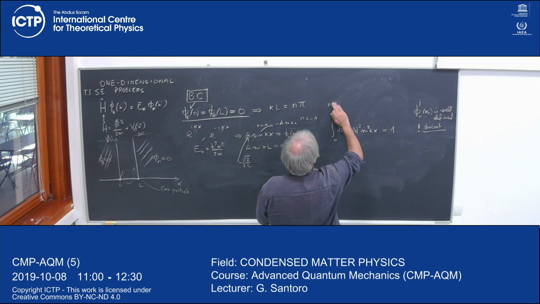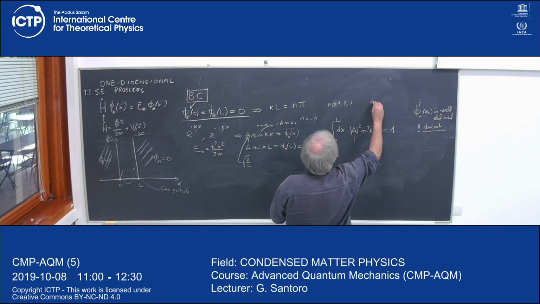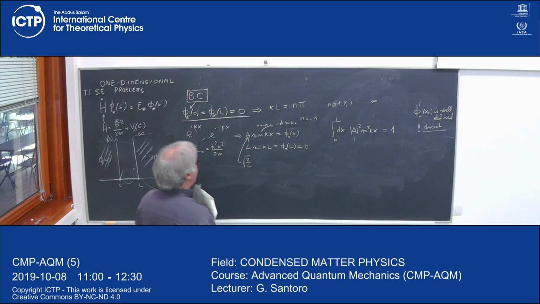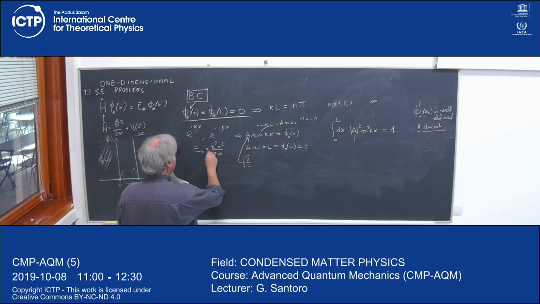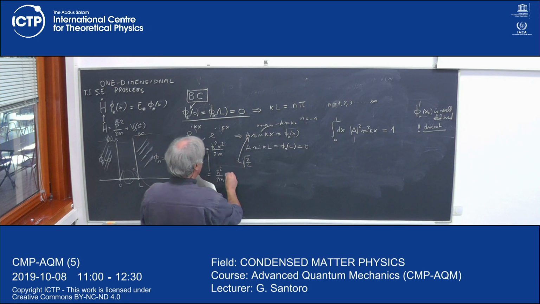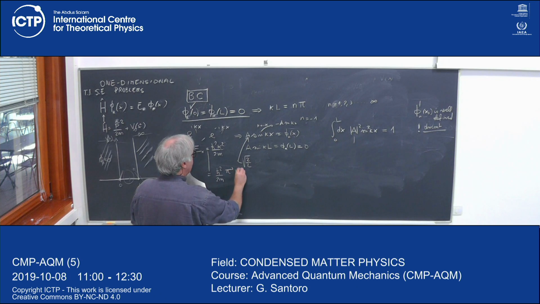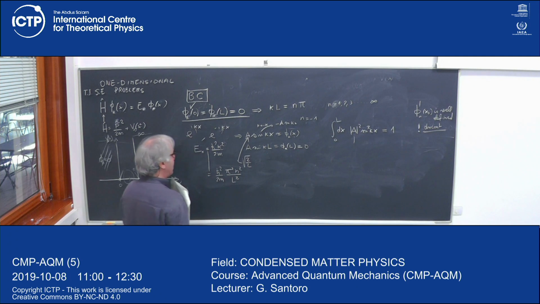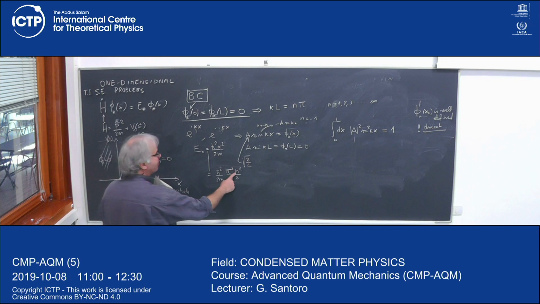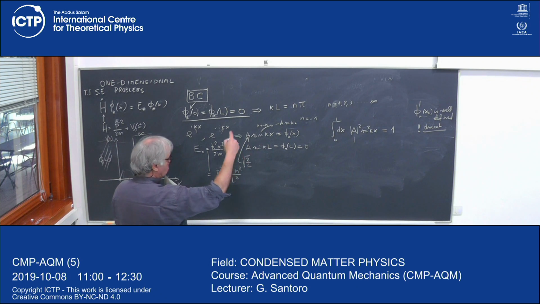So what I should really take is n equal to 1, 2, up to infinity, okay? And the energies are simply h bar squared over 2m times k squared, and k, we decided, is n pi over L. So E_n is h bar squared n squared pi squared over 2m L squared. Okay? So these are the energy eigenvalues for n equal 1, 2, and so forth.